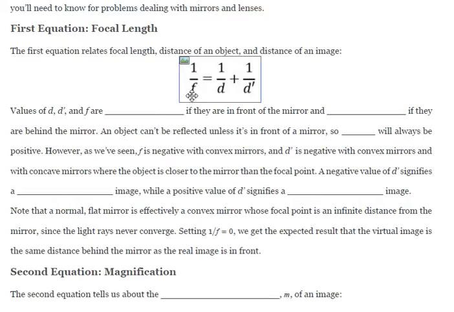So just remember that f is your focal length, d is the distance between the vertex and the object, and d prime is the distance between your vertex and where the image is forming. So anytime you run this equation, values of d, d prime, and f are positive if they appear in front of the mirror.